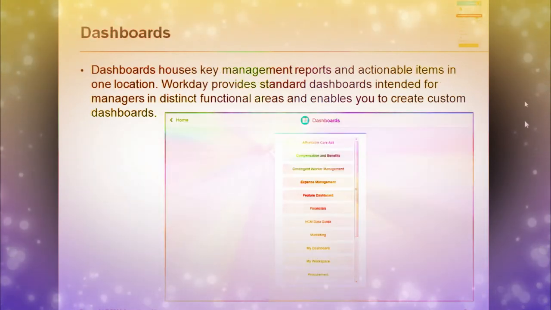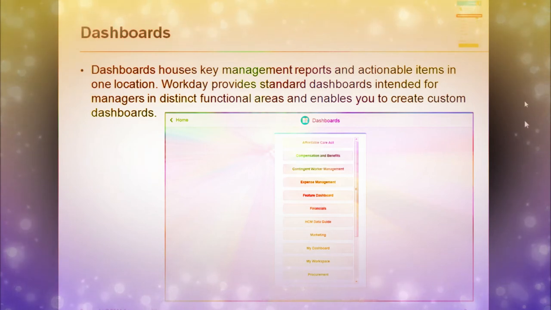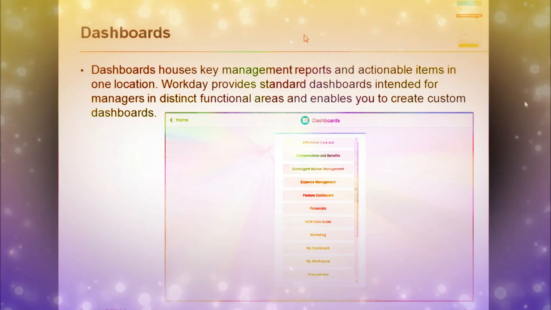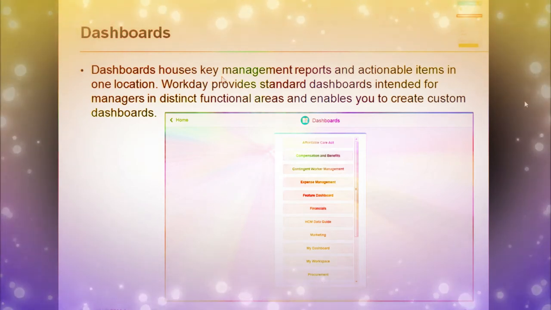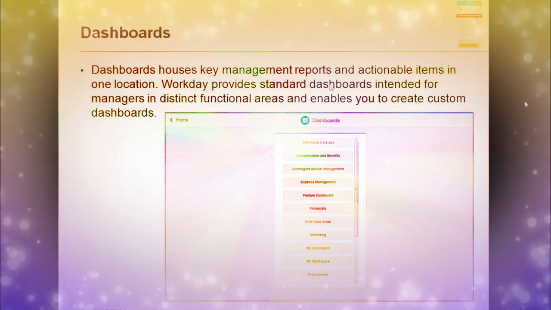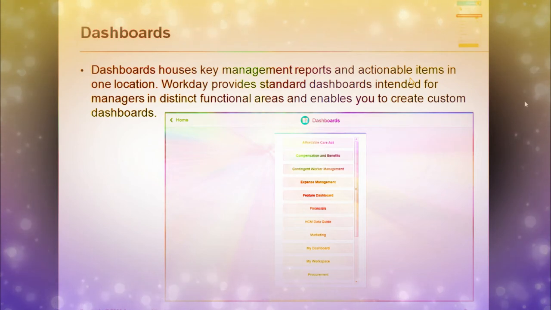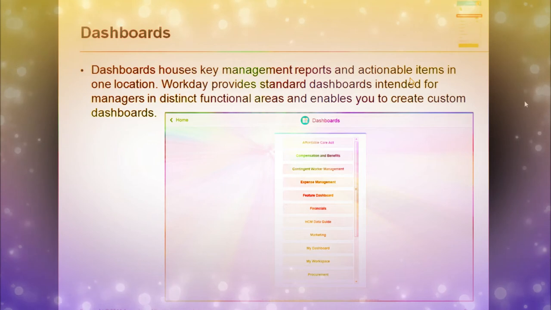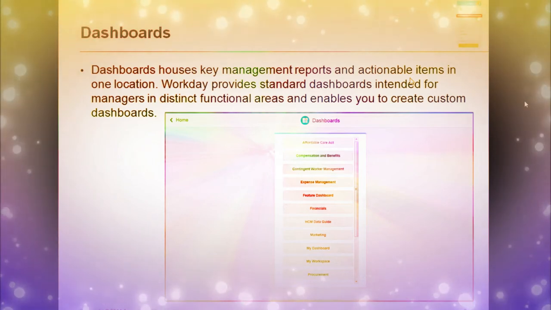Dashboards. So what is this dashboard? You can see here, we can understand it using the same term: it houses key management reports and actionable items. So what are the two important things that we do in our profession? One is reports. The next is the tasks we need to perform. What are the reports that we are generating or have to look at?